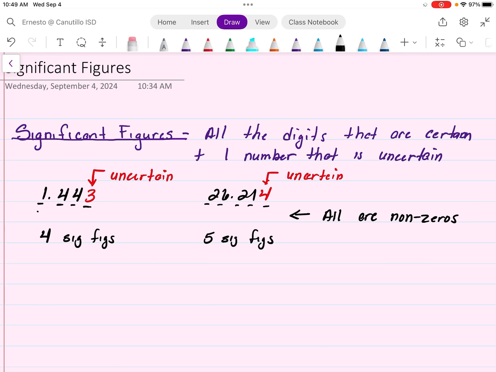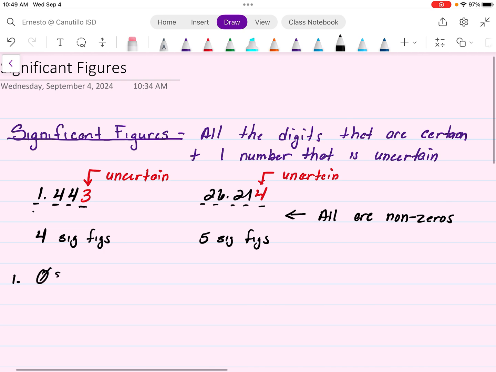So let's look at rule number 1. Rule number 1 says that zeros between non-zeros are significant. Now, what does that mean?